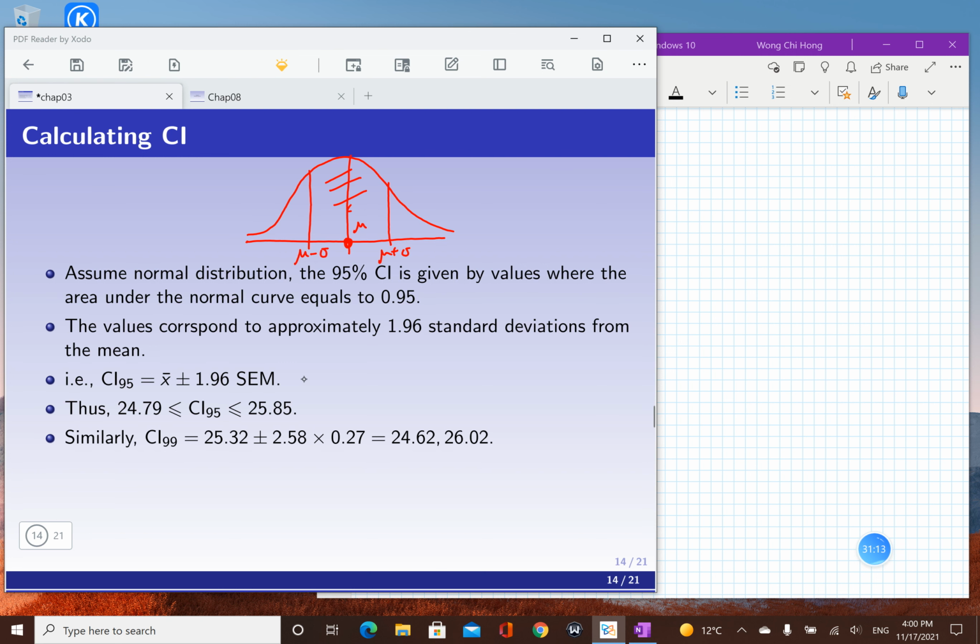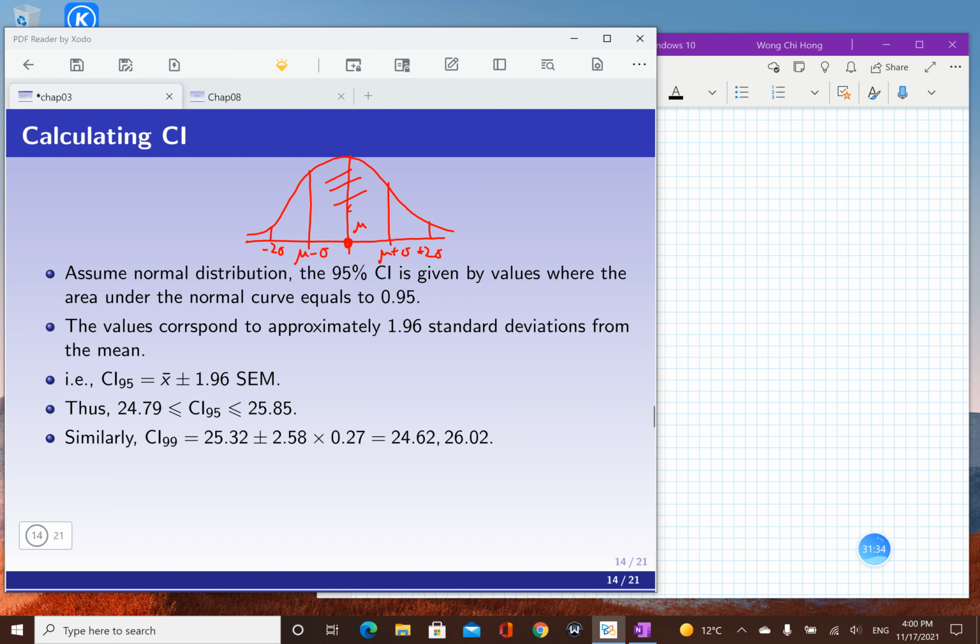If you go all the way to 2 standard deviations, it'll be a bit more than 95%. So that's what we do here.